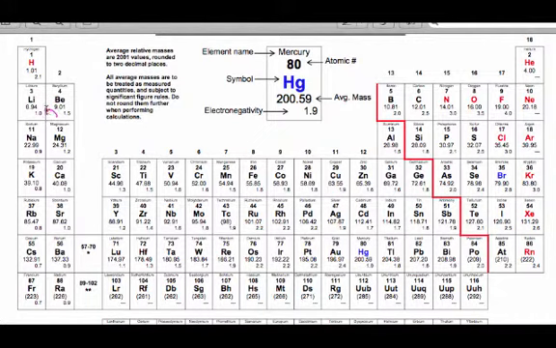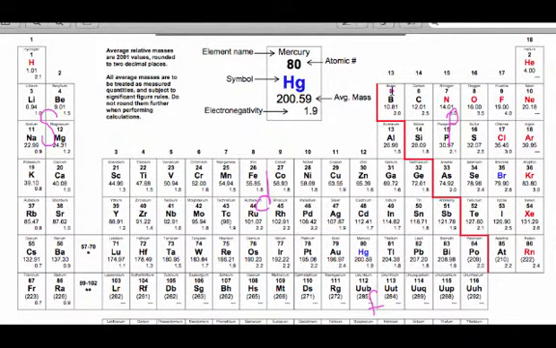First up, you need to know your zones. This is the S zone, this is the P zone, this is the D zone, this is the F zone down on the bottom. The S zone is 2 columns wide. That's because you can only fit 2 electrons into S. The P zone, we have Px, Py, Pz as their 3 orbitals.